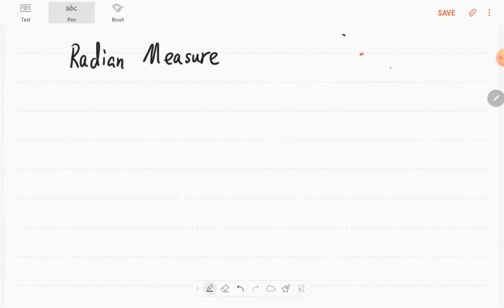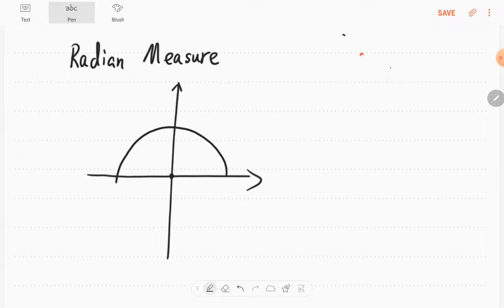If you have a circle centered at the origin and the radius is r, a circle with radius r, and this angle intersects the circle at this point, we denote this angle by theta.